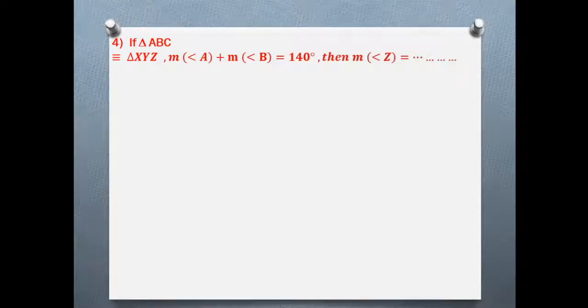If triangle ABC is congruent to triangle XYZ, measure of angle A plus measure of angle B equals 140 degrees, he wants the measure of angle Z. The two triangles are congruent, so measure of angle C will be 180 minus 140. And they are congruent, so the measure of angle C will equal the measure of angle Z. So it will be 180 minus 140 equals 40 degrees.